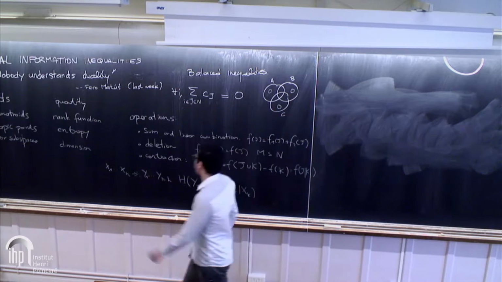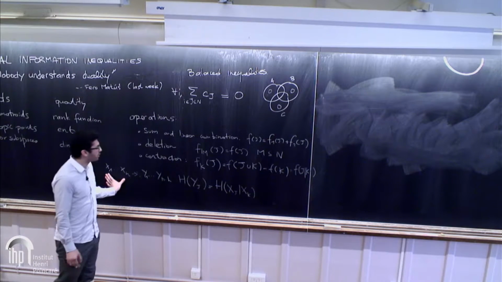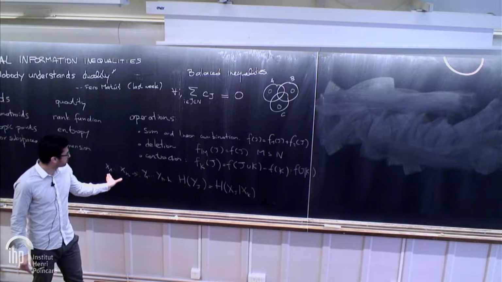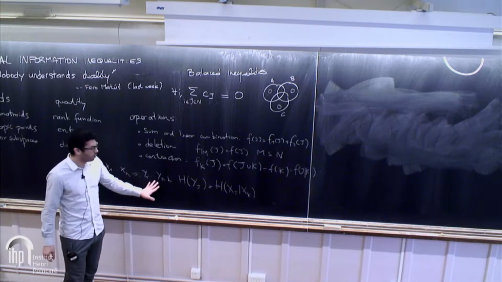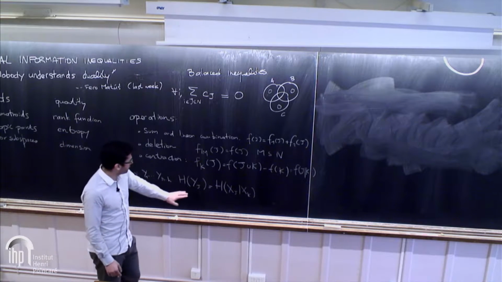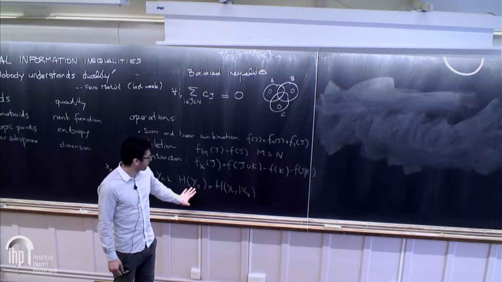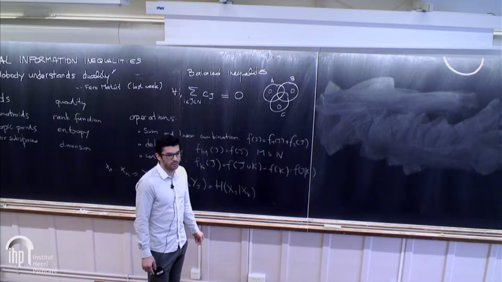So I'm given the entropies for x and the random variables, and I want to find new random variables yi such that their entropy is the conditional entropy of xj given xk.